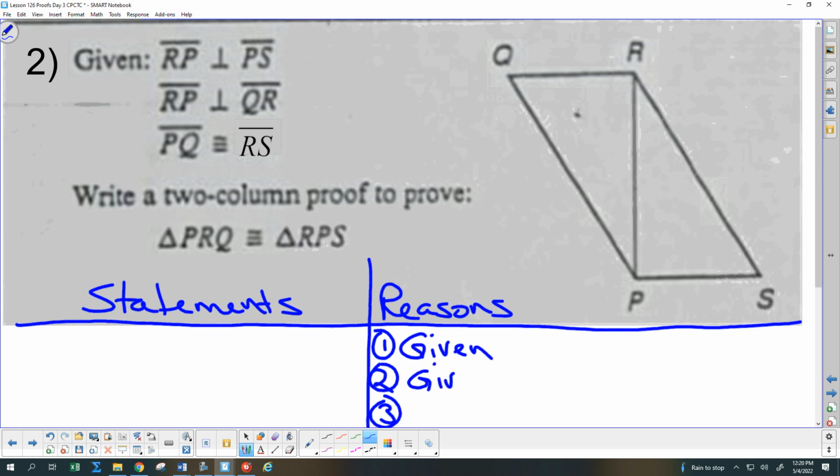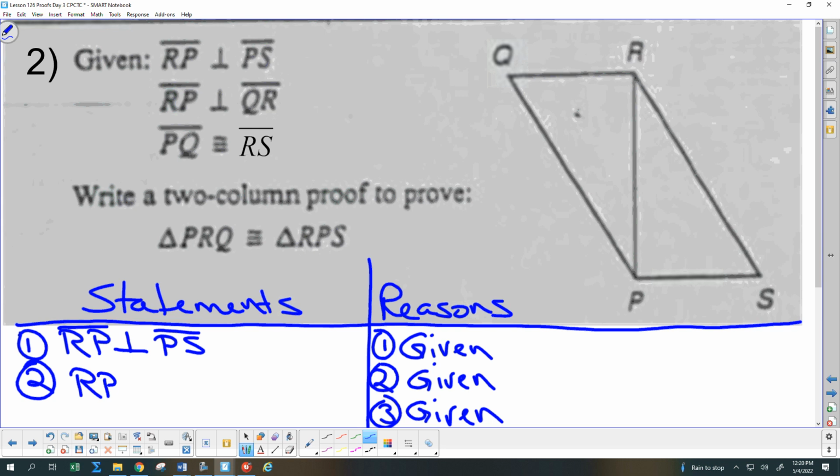And we'll start with our givens. And pause for a moment while everybody gets caught up to that spot.